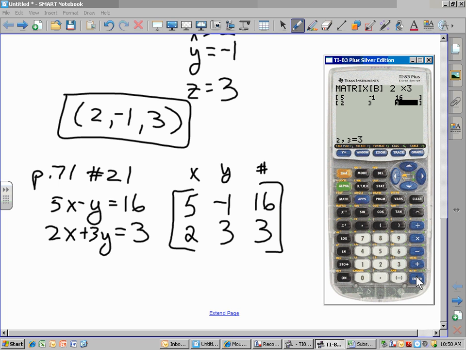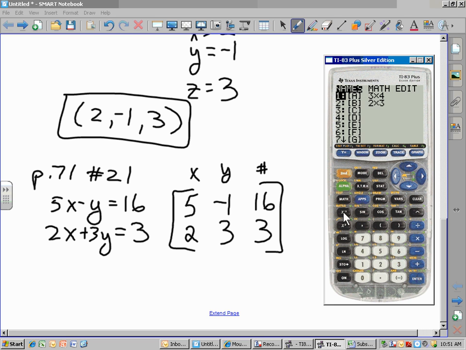There's 2 horizontal rows and 3 vertical columns. Okay, once we have it typed in, we're going to get out of there, hit second mode or quit, go back to the main screen. Let's hit second matrix. Let's make sure that it is typed in right. Matrix B, 5, negative 1, 16, 2, 3, 3. Looks good.